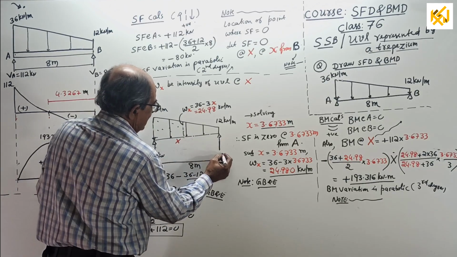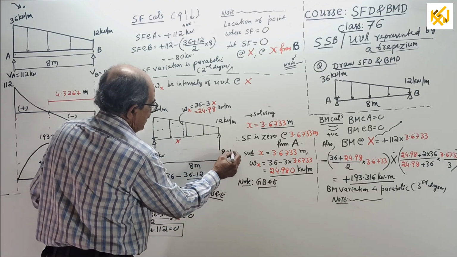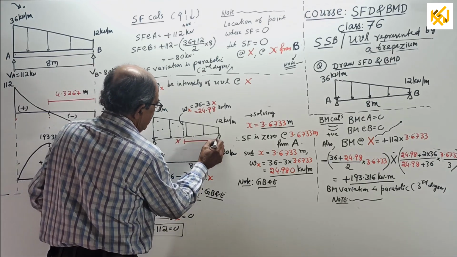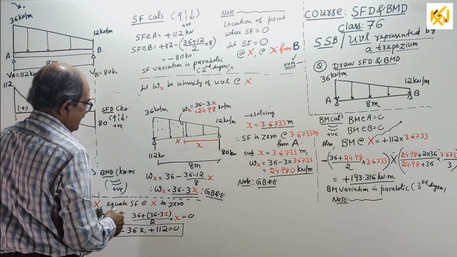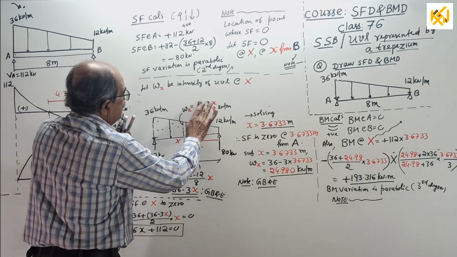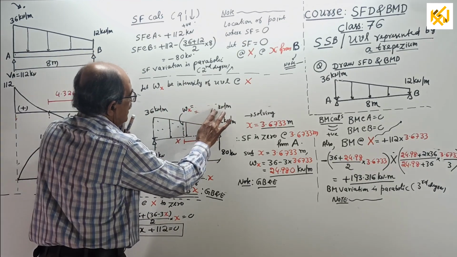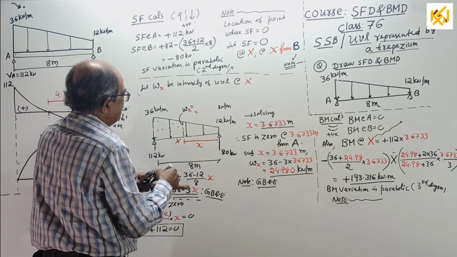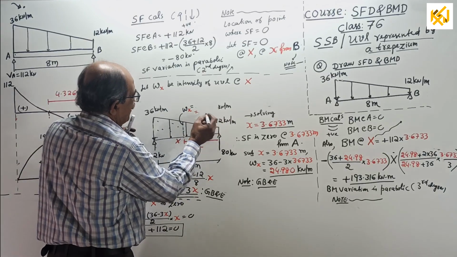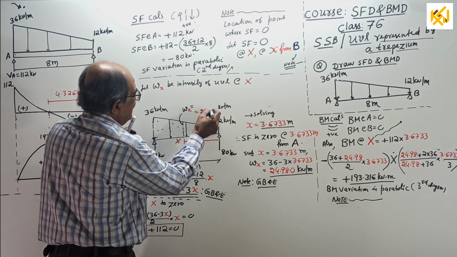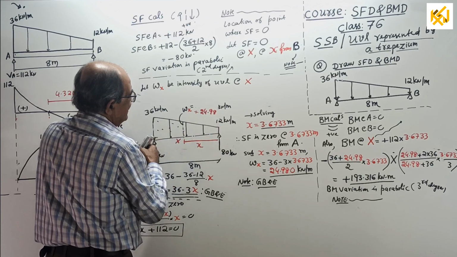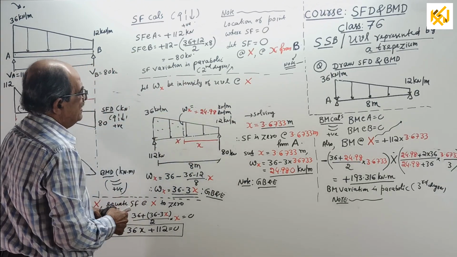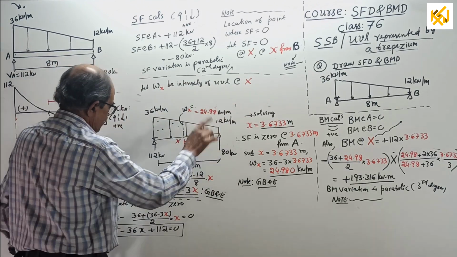This reaction is equal to 80 kilonewton. This point is x. You are taking x from here. Then the intensity of the load, actually 24.98, will come. I am so sure 24.98 has to come. It cannot change. Why? It is the same point. Start solving.